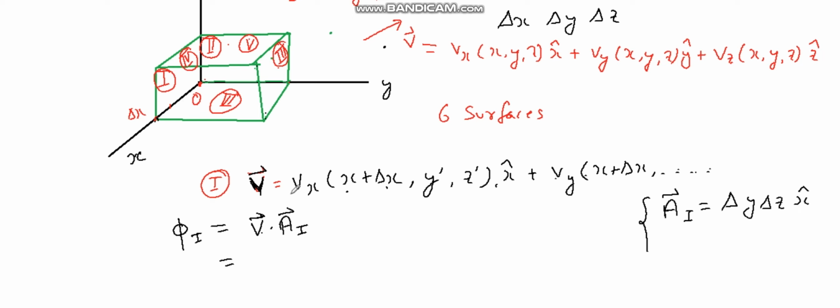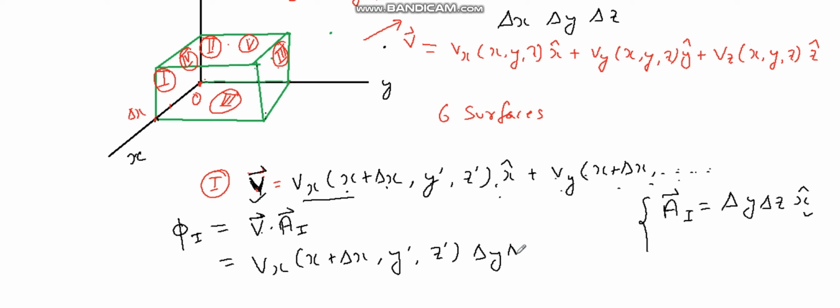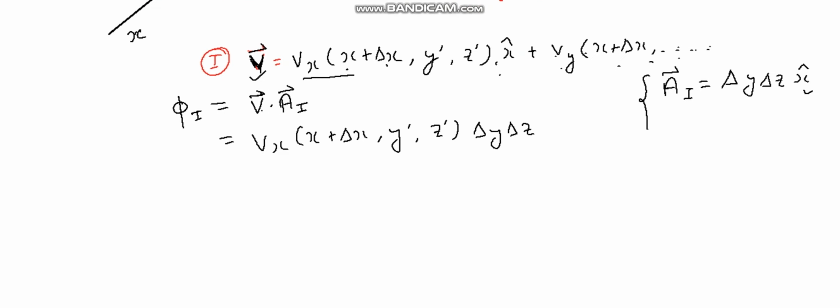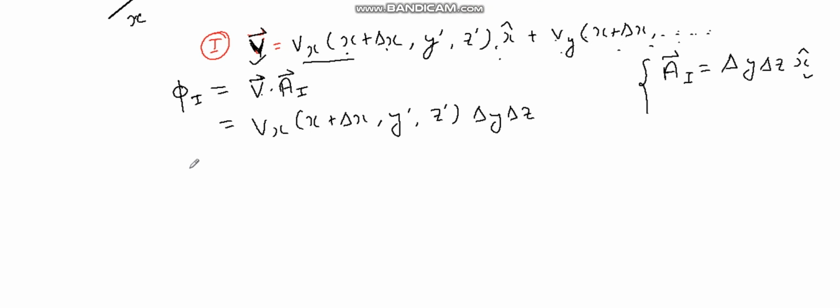This is a vector, and when taking the dot product with this, only this component will survive. That's why I was not interested in the other components. So we'll get vx, x plus delta x, y prime z prime times delta y delta z. So this is the flux from the first surface.